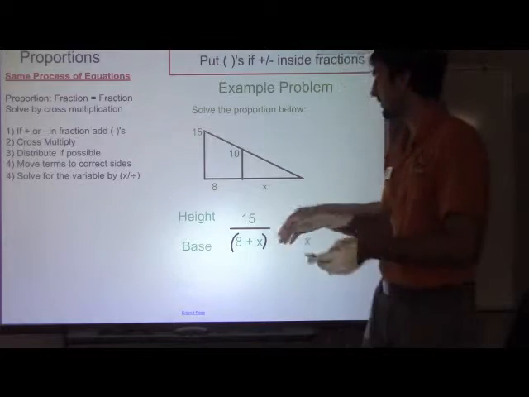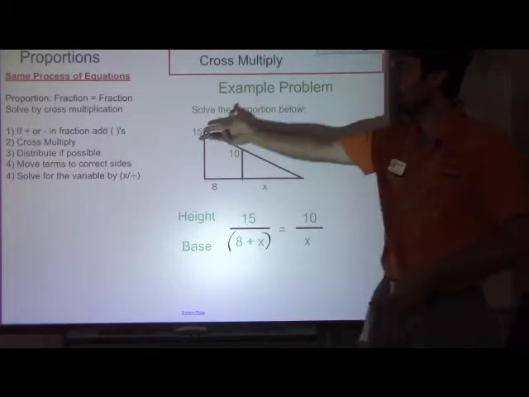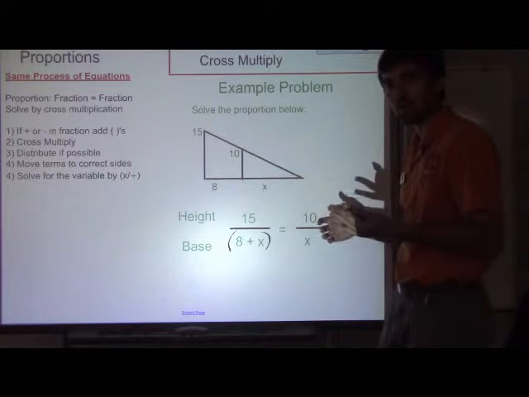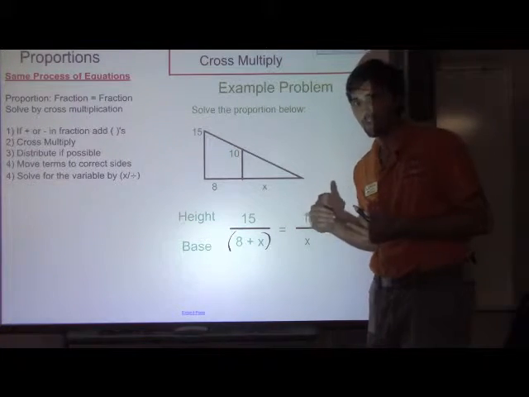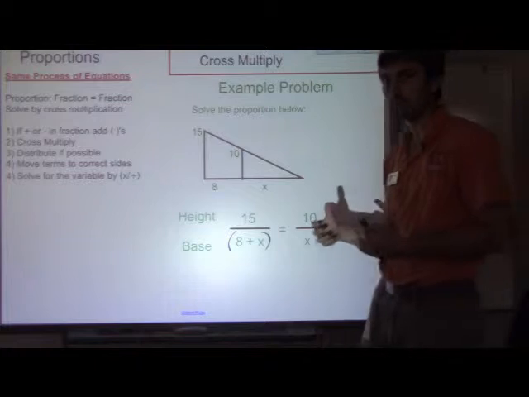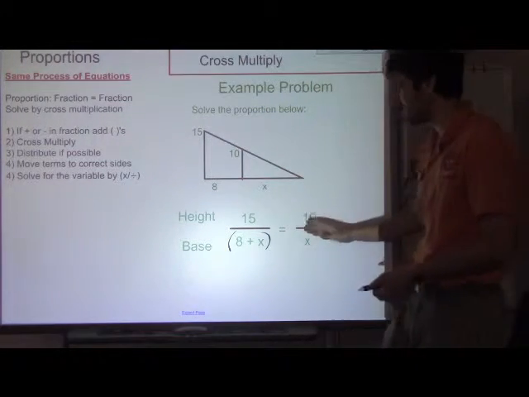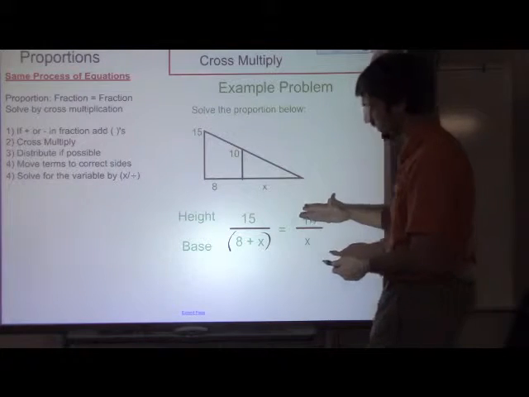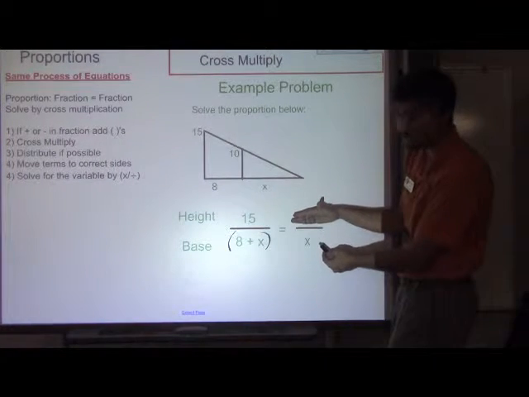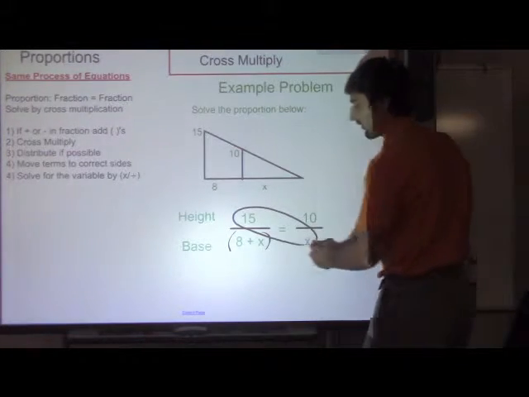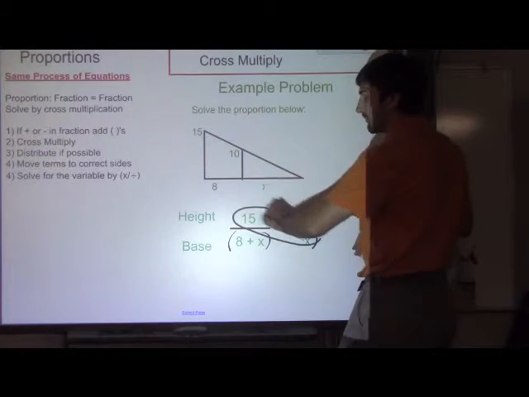Once you have them in parentheses, now we move on to cross multiplication. Cross multiplication isn't anything different, it's just the same thing as balancing. How do you remove fractions in an equation? By multiplying by the common denominator. So in this case, we're saying, what's the opposite of divide by x? Times x. So I circle these two and say this is going to be multiplied by x.